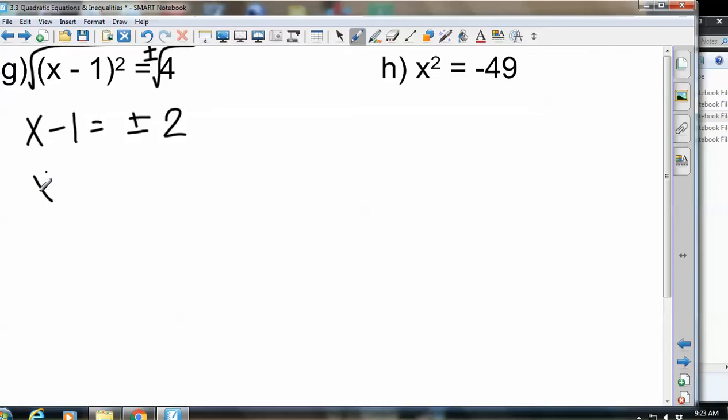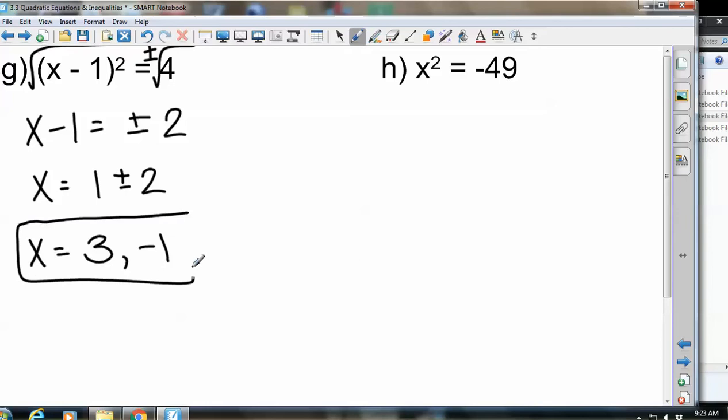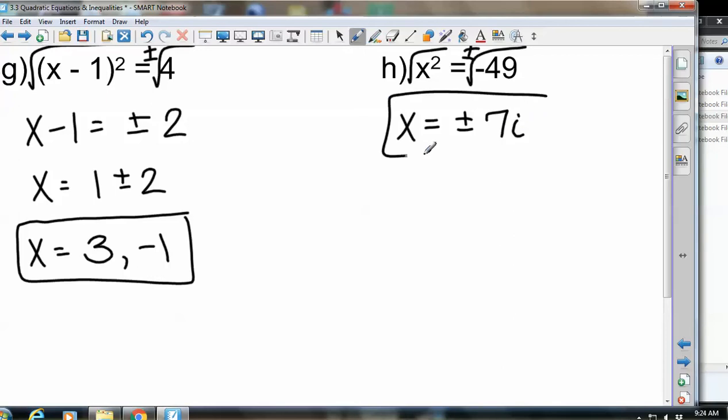If you add your 1, it's like 2 different problems. 1 plus 2 is 3, 1 minus 2 is negative 1. So you get 3 and negative 1 for that. Second one, if you add your square root and your plus or minus, it's the square root of a negative 49, so that would be 7i.